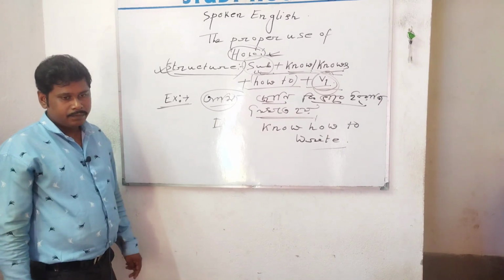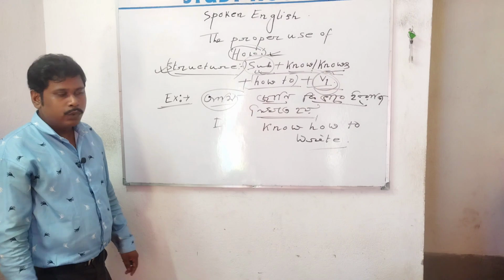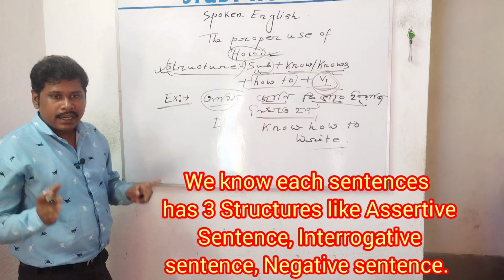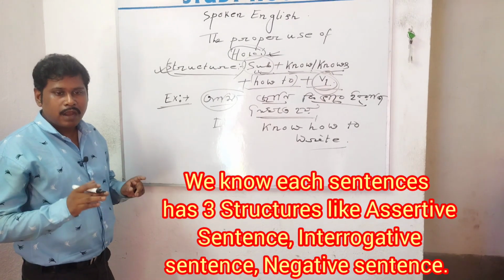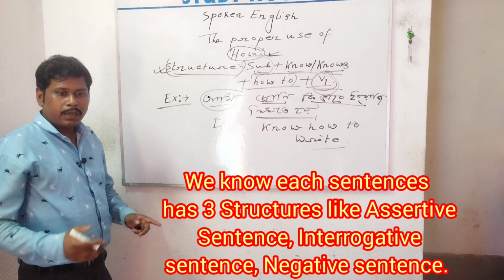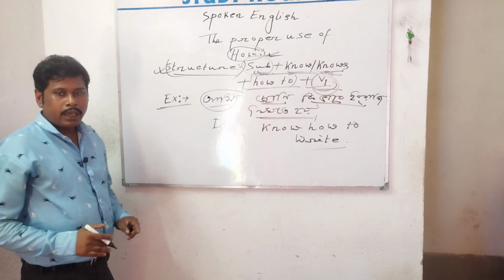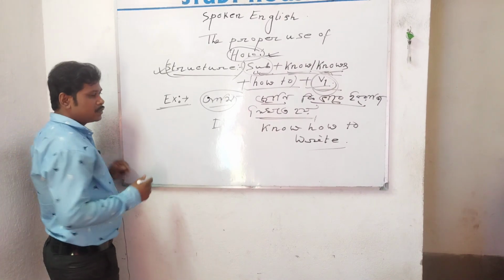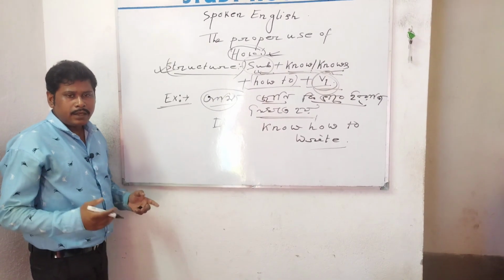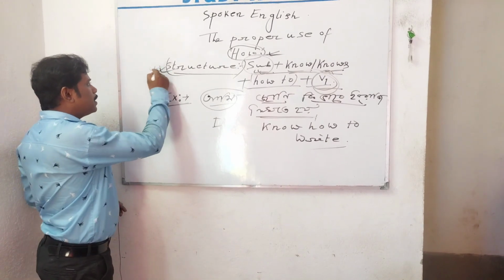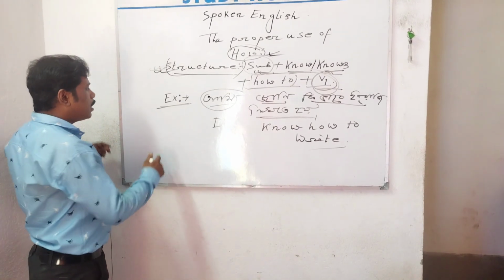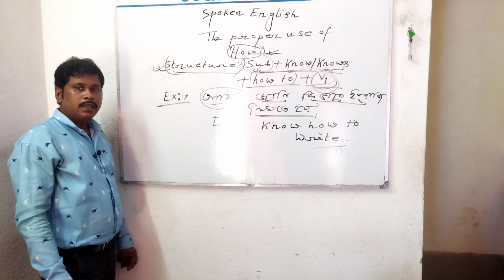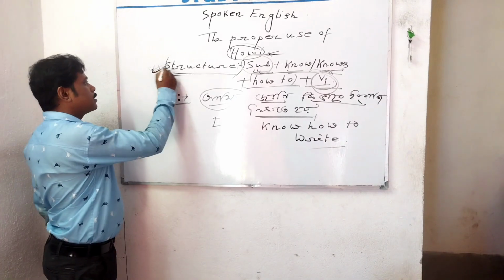And then I have to use the second structure. We know each sentence has 3 types of structure: assertive, interrogative and negative. In the same way, we shall learn the interrogative sentence. If we want to make the interrogative sentence depending on this structure, look at the board. Now I shall learn interrogative sentences with this structure.